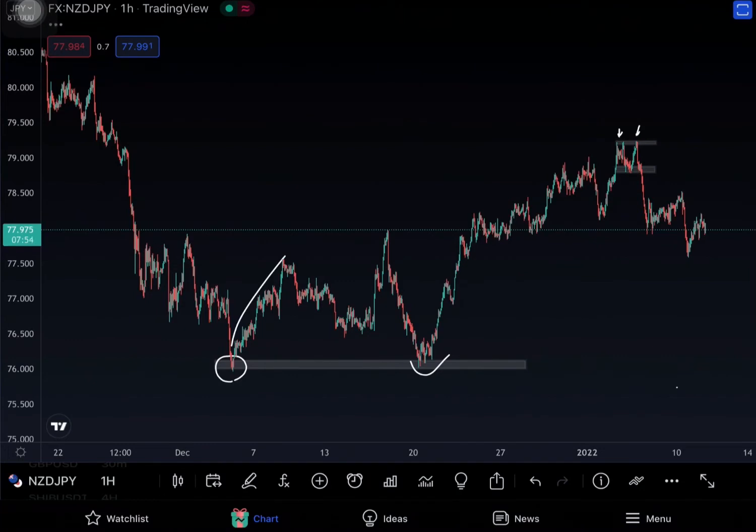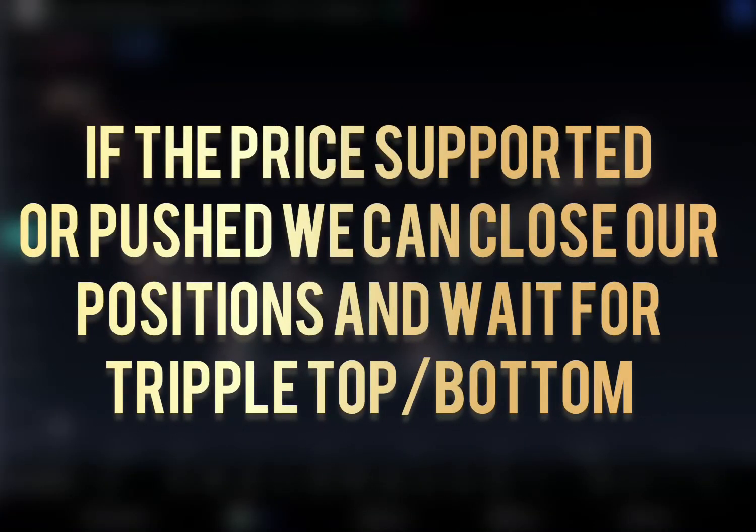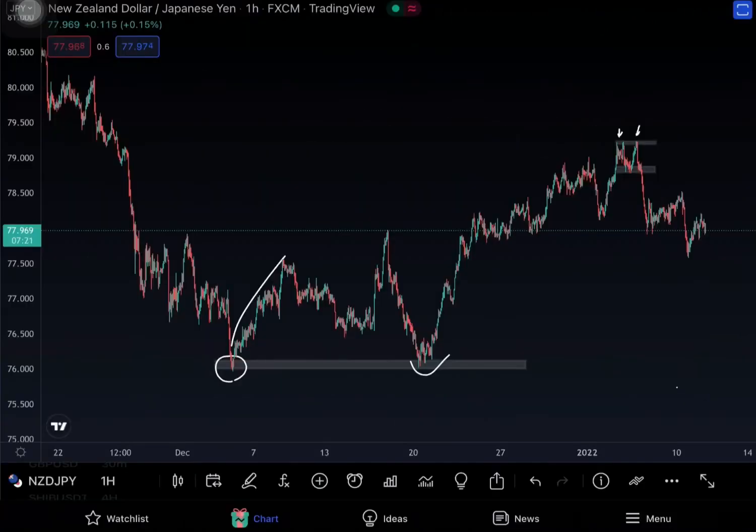Okay, the price can reach the neckline and support again and touch the zone again and make a triple bottom or triple top. But when the price touches a zone once or twice, it makes a double top or double bottom. Okay, so we wait.